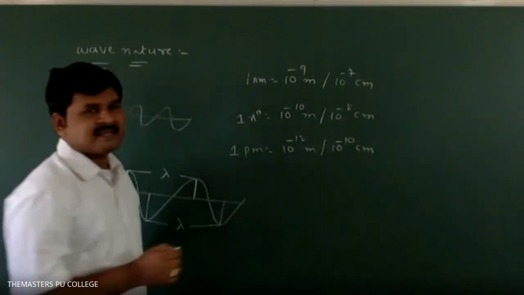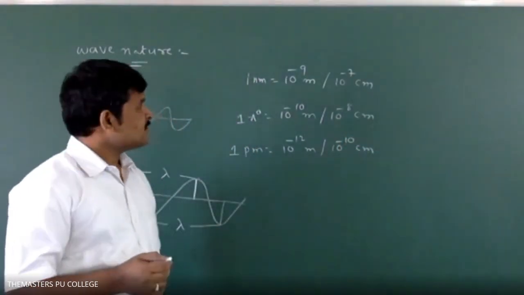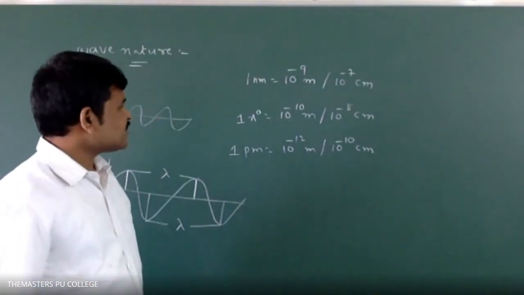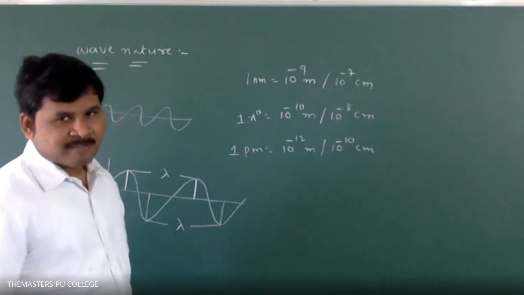These are the important conversions of meters with respect to the small units: nanometer, angstroms and picometer.